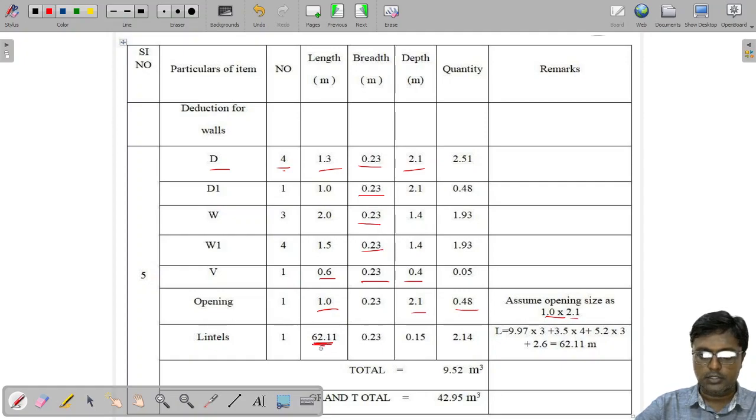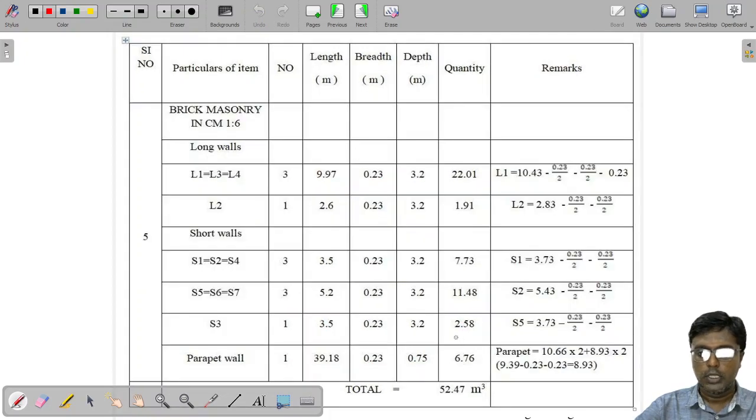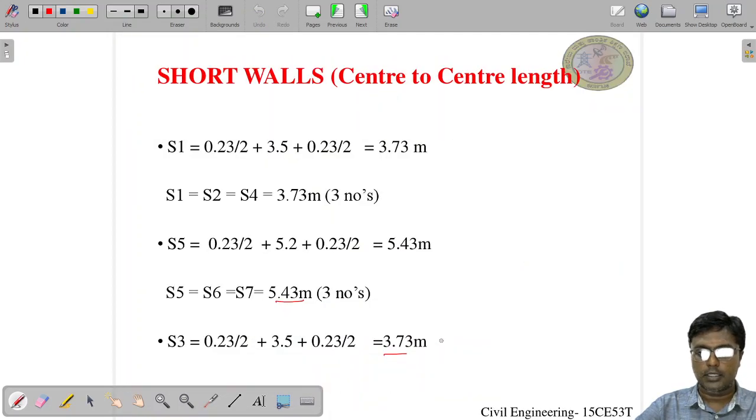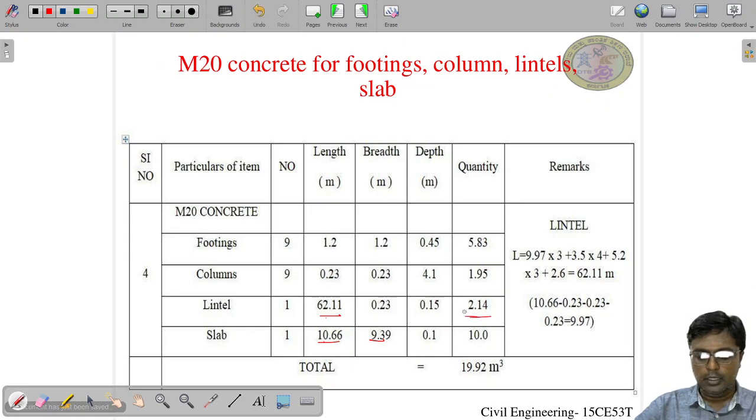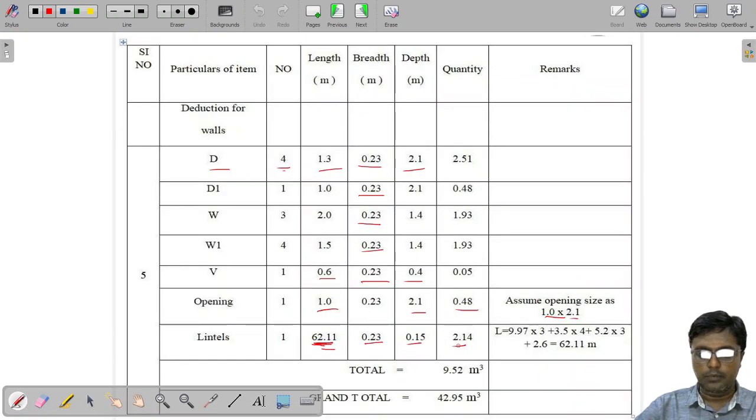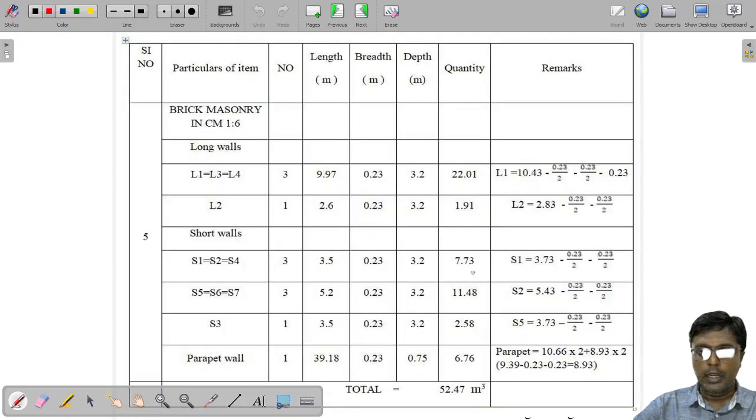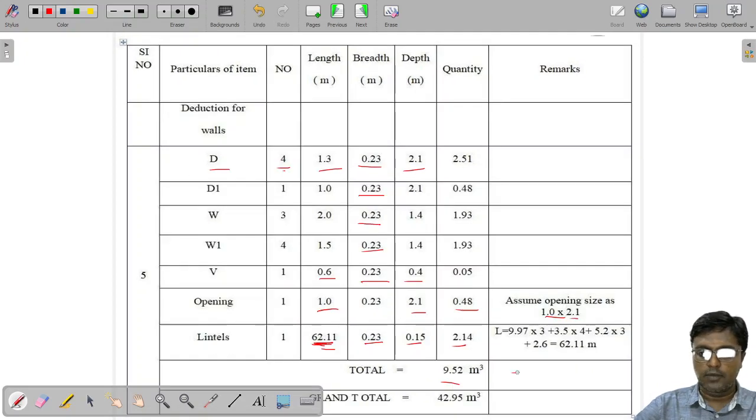So I have to deduct 62.11 into 0.23 into 0.15, which is nothing but 2.14. As you can see, we have got it here as well, 2.14. Here we are getting the same thing, so we add all this quantity, which is 9.42, and 52.47 minus 9.52 will give us 42.95.